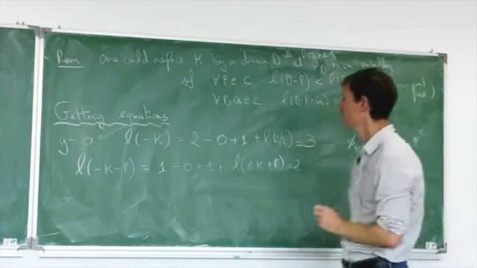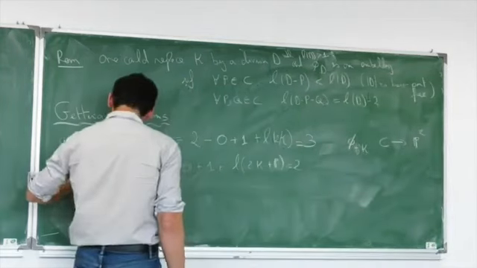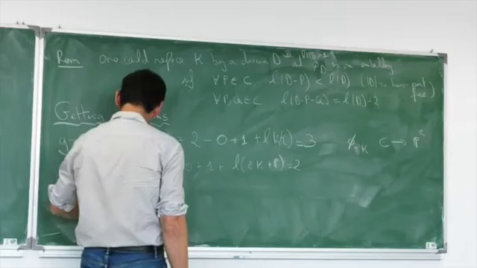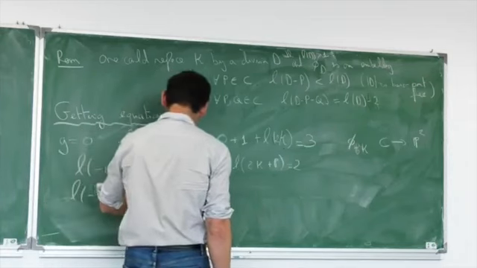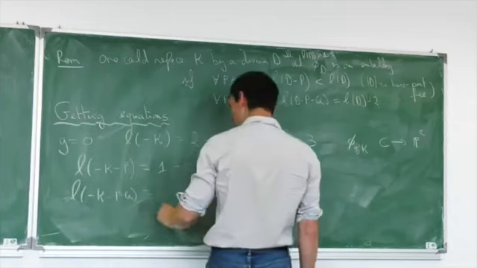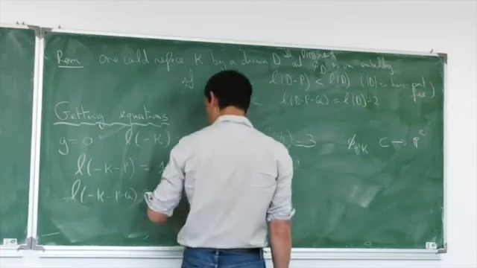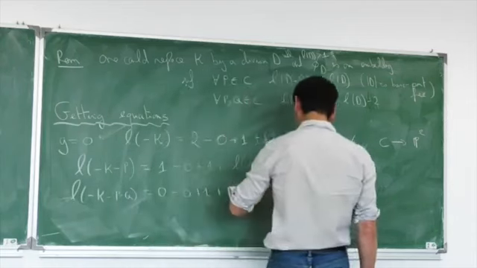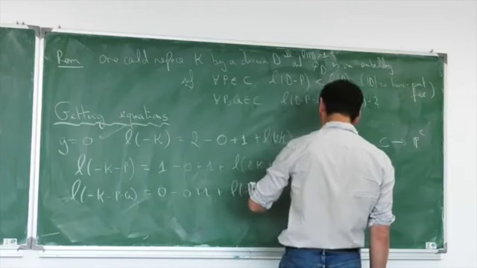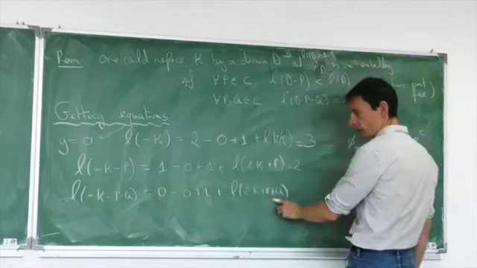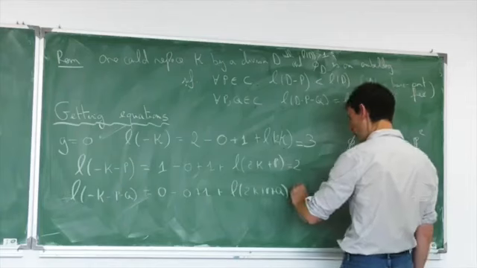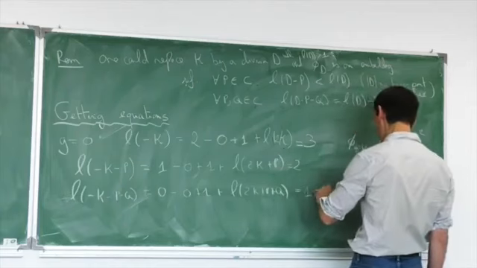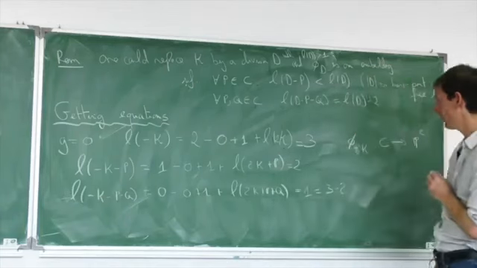Now, the second property, L of minus kappa minus P minus Q, works exactly the same way. This is a divisor of degree 0, so 0 minus 0 plus 1 plus L of 2 kappa plus P plus Q. And this is of degree minus 2, so this is 1, which is indeed 3 minus 2. So it is an embedding.